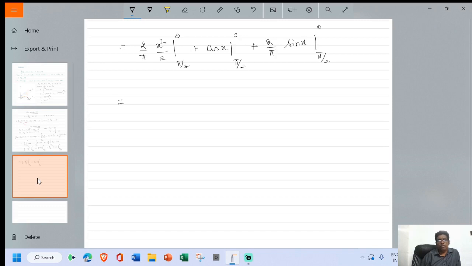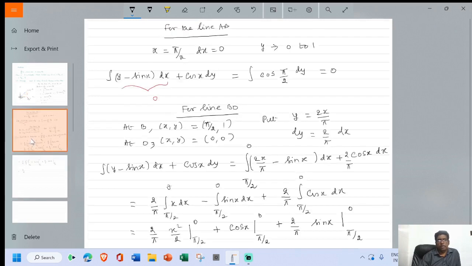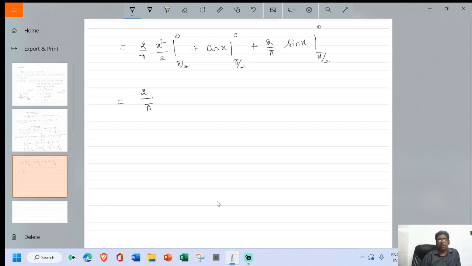Now simplify this. 2/π times upper limit 0 minus lower limit: π²/8. Applying the lower limit π/2 gives π²/4 into 1/2, which is π²/8.